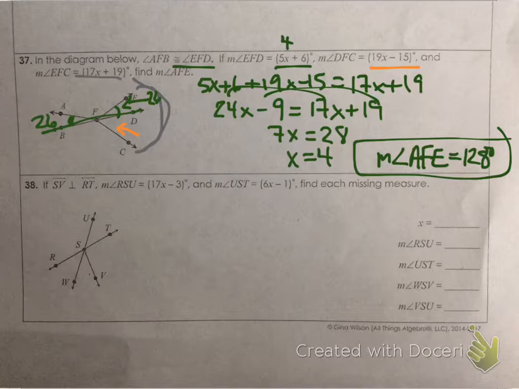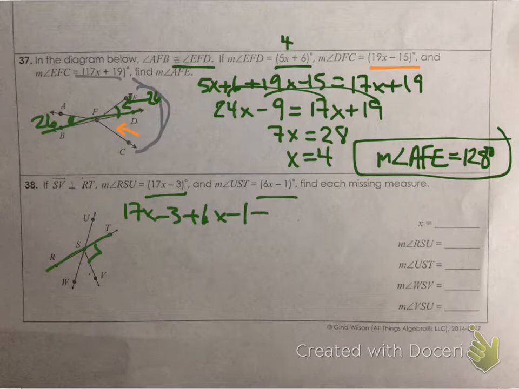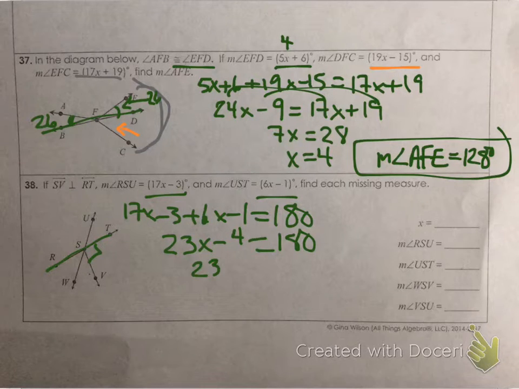All right, perpendicular. SV is perpendicular to TV, that's that. 17x, this is RSU, UST. So I know that these two combined, because they're like here, minus 3, add up to 180 degrees. So combine my like terms, I got 23x minus 4 is equal to 180. So 23x is equal to 184 because I moved the 4 over and added.